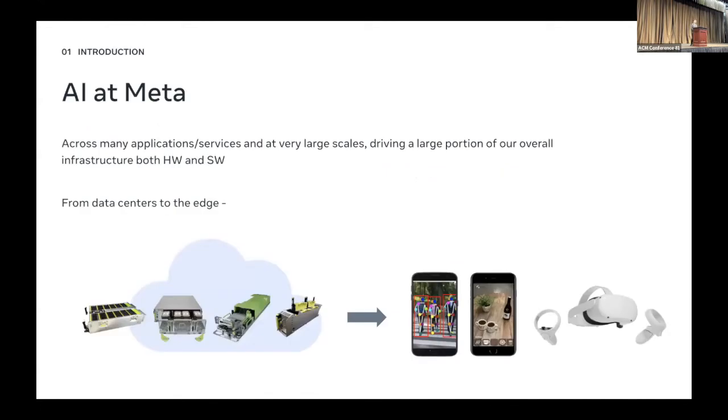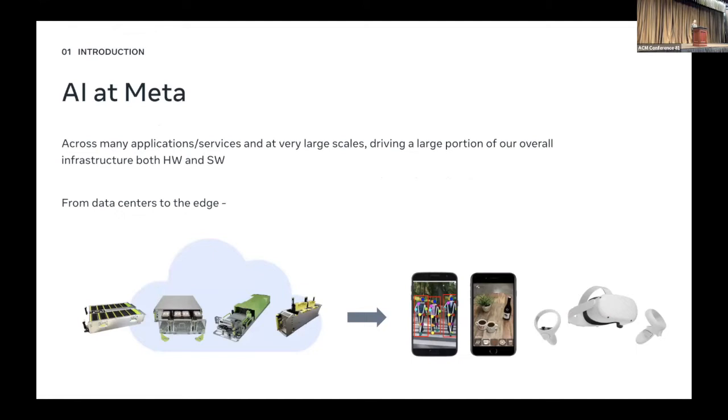So first, AI at Meta is prevalent and ubiquitous. It happens across many applications and services and at very large scales, driving a large portion of our overall infrastructure in terms of both software and hardware. The training and serving of AI deep learning models happen from data centers to the edge devices.